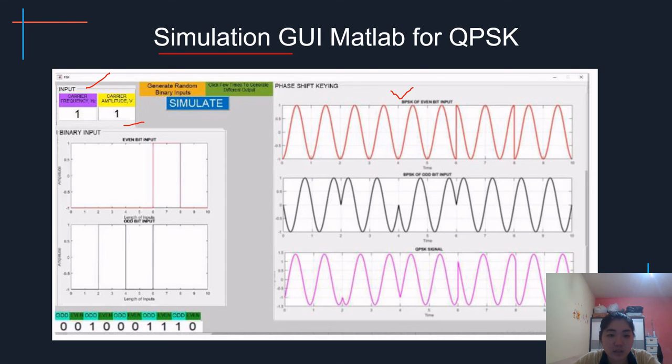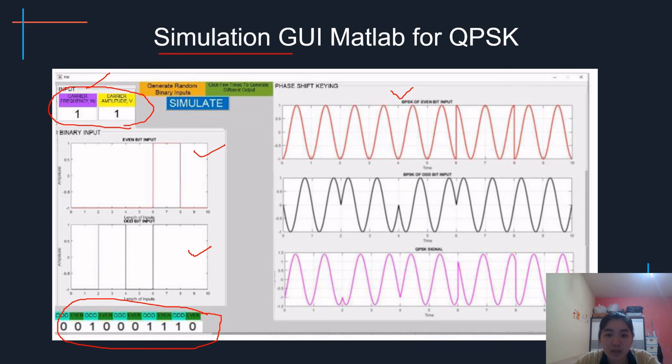First, this column is for the user to insert the desired input value, and it will generate the even bit input and odd bit input. And here is the random 10-bit binary number generated by the GUI. After this is generated, it will have the output waveform.